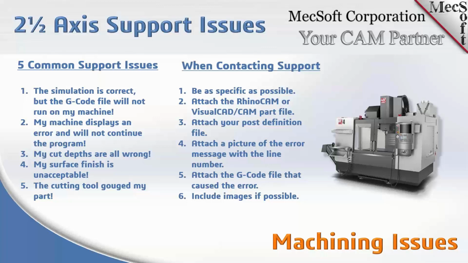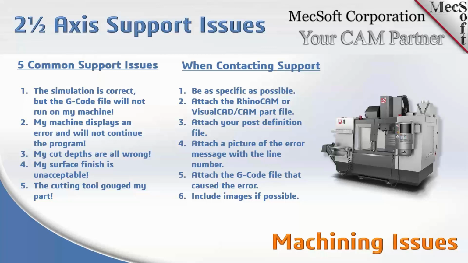Especially when users say, "Well, I ran this program last week, or I ran it yesterday. It's been running fine every time I run this part, but now it's not." As Joe mentioned, if you ran the same program, the same G-code, in the same software version, and nothing's changed, then obviously it's not going to be in the program.